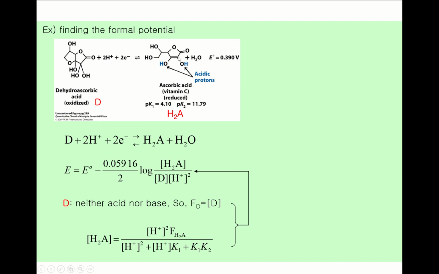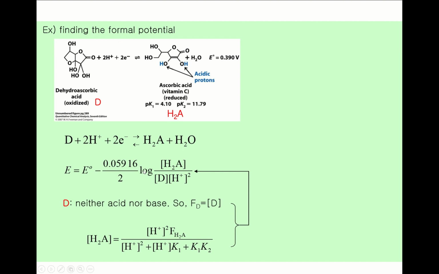Ascorbic acid, whose other name is vitamin C, is the reduced form, and it releases two protons and two electrons to become this one. The E0 value is 0.390 volts. But now the question is, what is the formal potential, the reduction potential at pH 7?